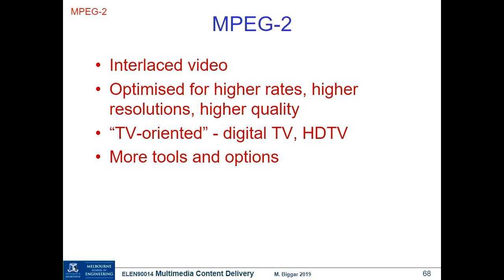The main new capability that was required in MPEG-2 that wasn't in MPEG-1 was to accommodate interlaced pictures, because it was for television applications.